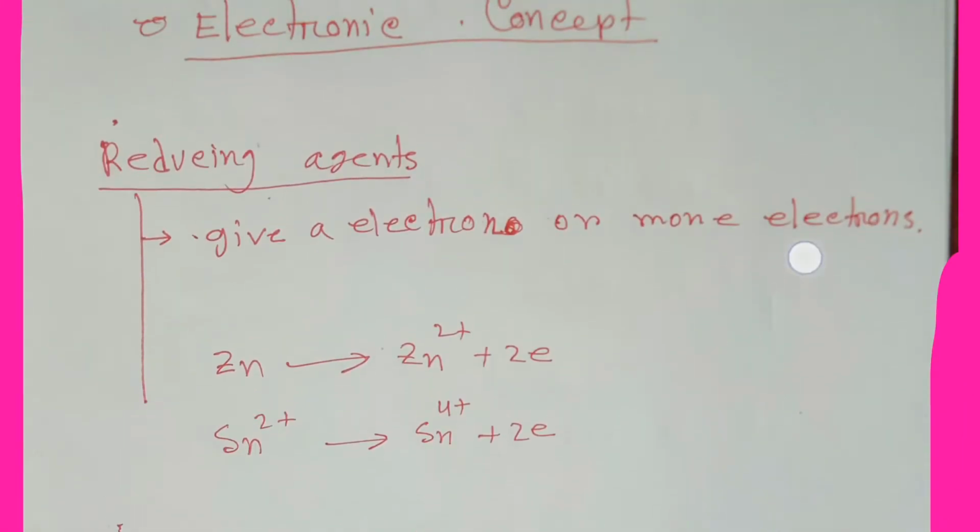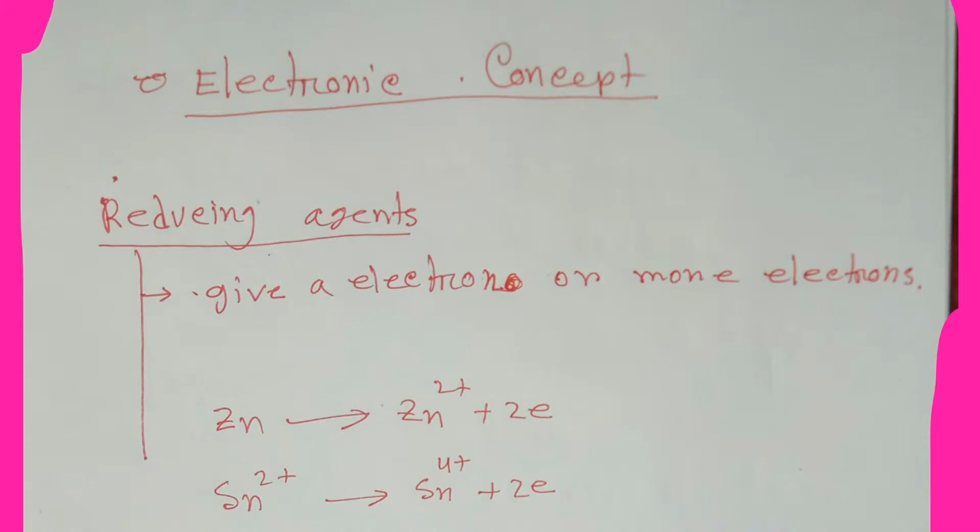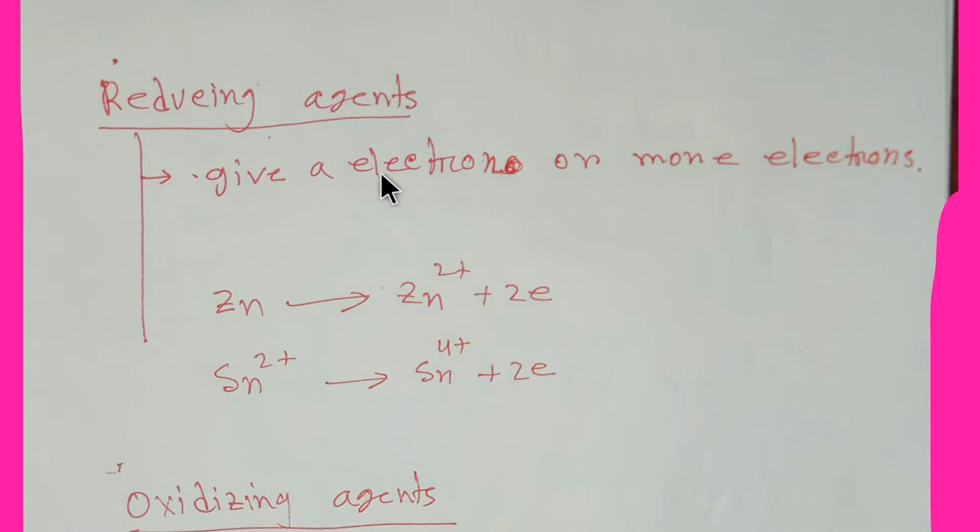Well, now I would like to discuss the reducing agent and oxidizing agent depending on electronic concept. This is important, and at the present time we use this concept. So reducing agent provides an electron or more electrons, right? For example, zinc releases 2 electrons.